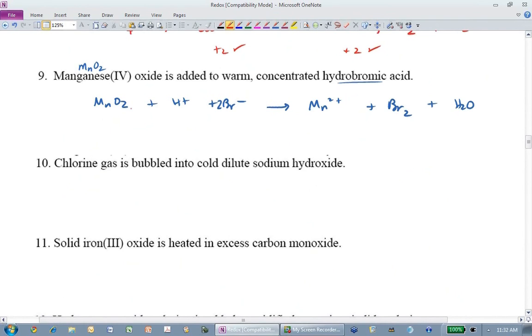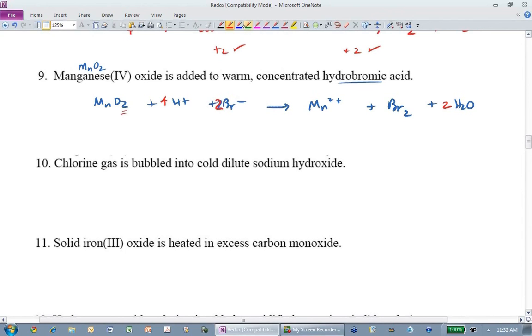I've got O2 on this side, so I need 2 of these, so that forces a 4 here. I already have a 2 there. What's the total charge on the left? +2. What's the total charge on the right? +2. That one I could do by inspection.